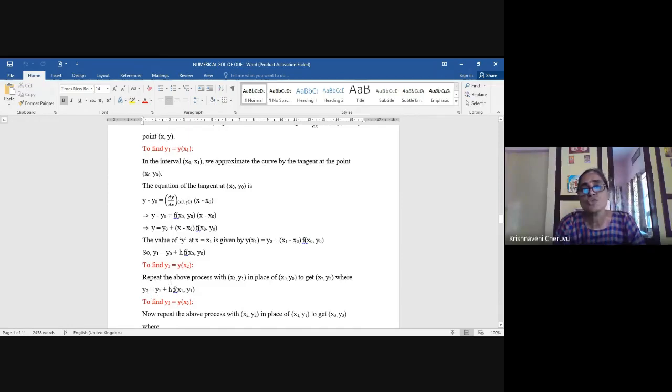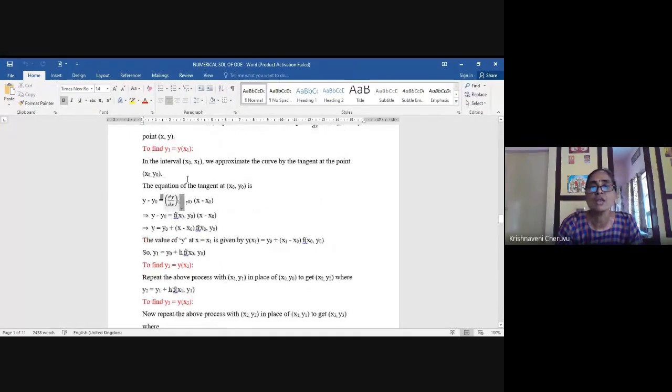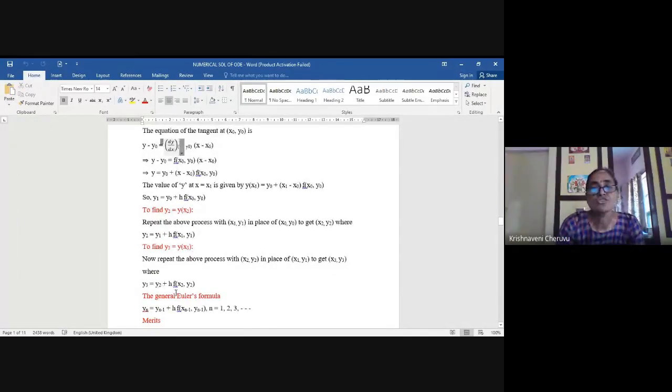The same process you have to repeat to get y3. y3 is y at x3, girls. Y at x3 means you start the same procedure like how you started in the first stage. You started with x0, y0 and x1. Now you started with x1, y1, and then x2, y2 to get y3. So y3 is y2 plus h f of x2, y2.